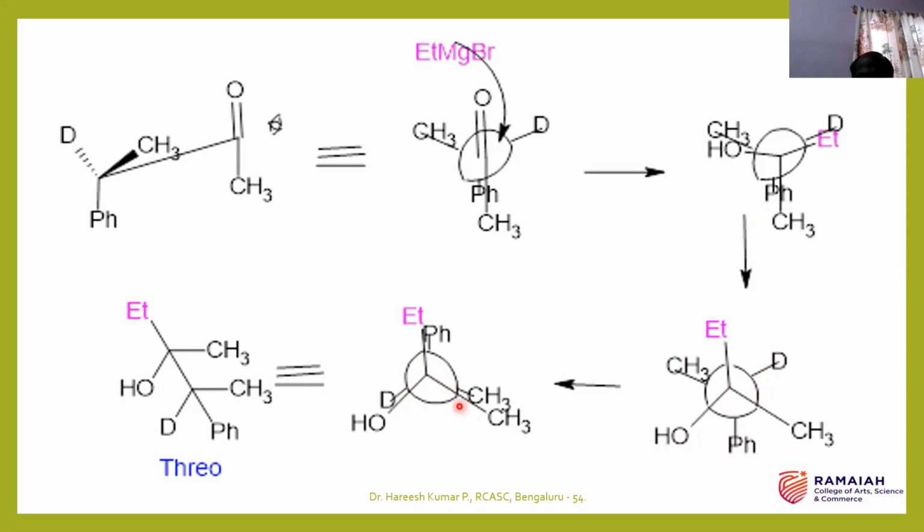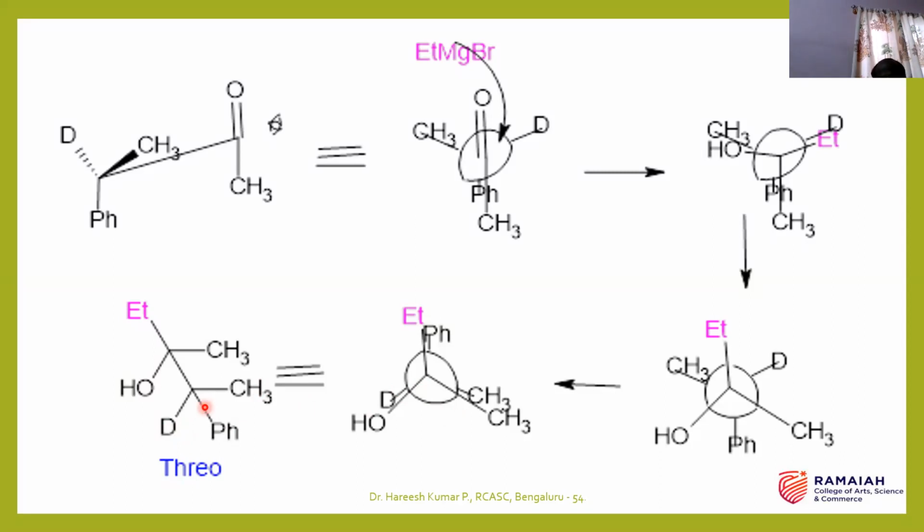For the conversion of the Newman projection formula to the Fischer projection formula, you can write ethyl is this, hydroxy on the left hand side, CH3 is this, and then here on the back carbon, phenyl group is down, deuterium is on the left hand side, and the CH3 group is on the right hand side.